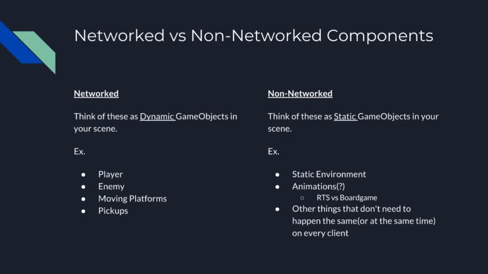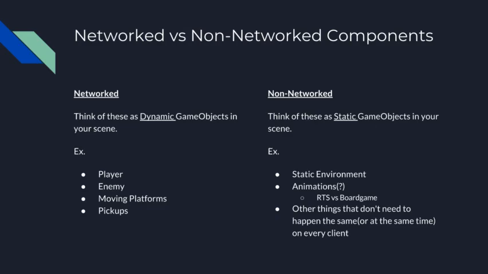For example, the player, the enemy, moving platforms if you have that in your game, or any kind of pickup, to say, hey server, I picked this pickup up, don't let anyone else have it now. Then you also have non-networked components, which are the static things in your game, like the overall environment that's not moving at all.